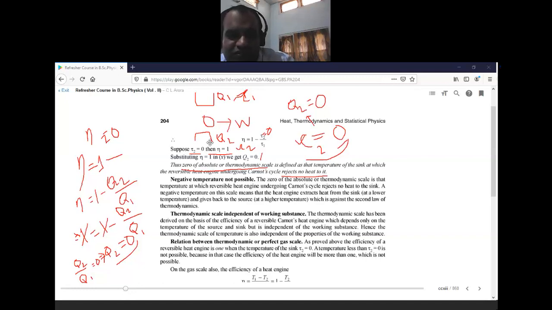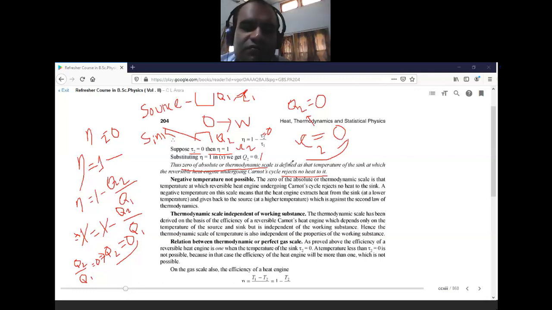Tau 2 is always the temperature related to the sink. Let me write SINK, and this is the SOURCE. This is the source, this is the sink. So if tau 2 equals 0, Q2 is 0.